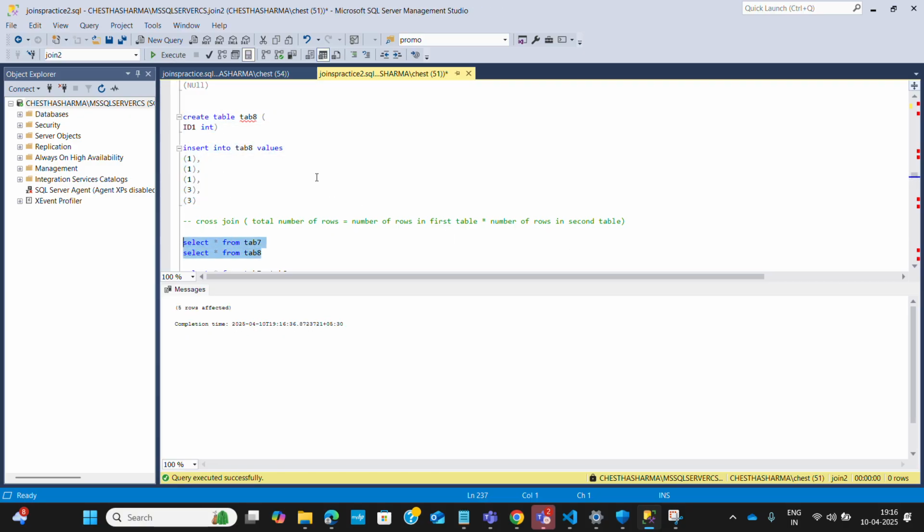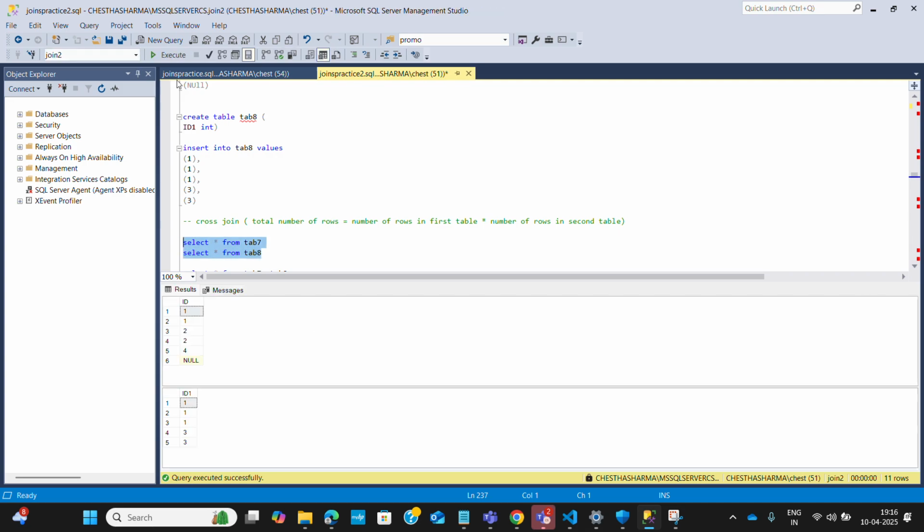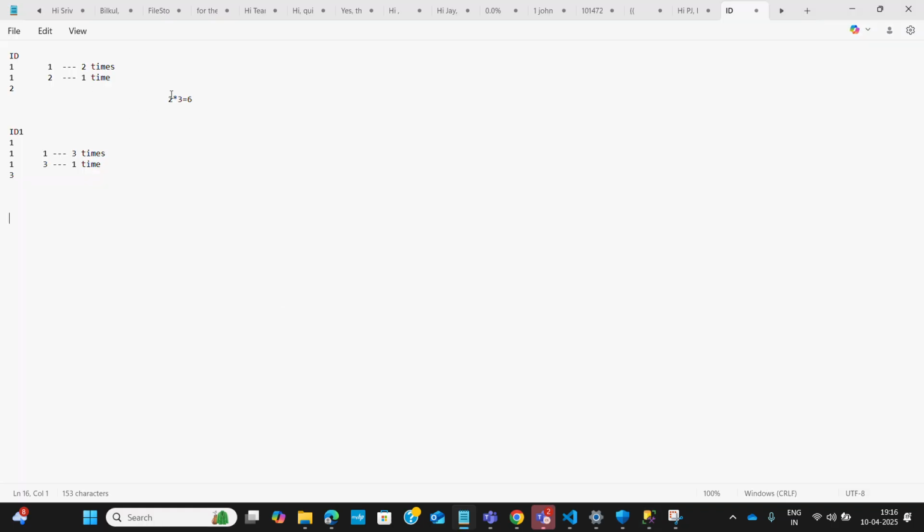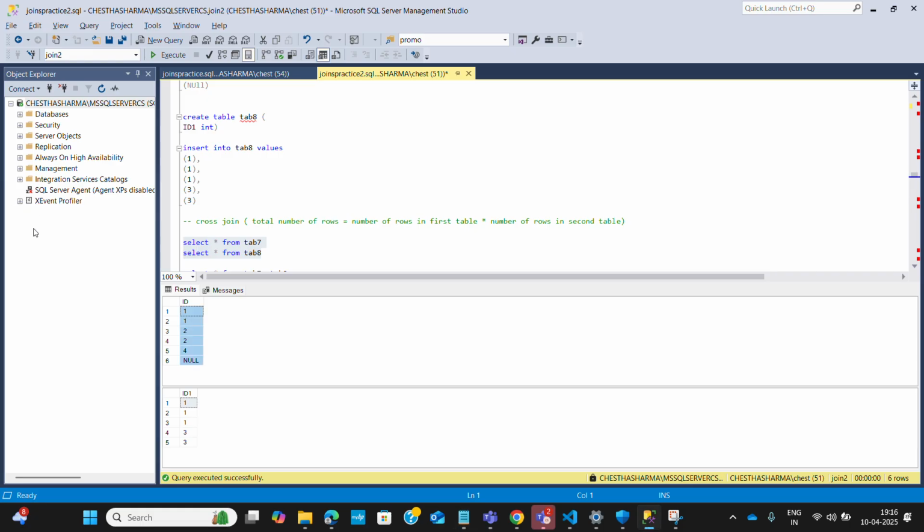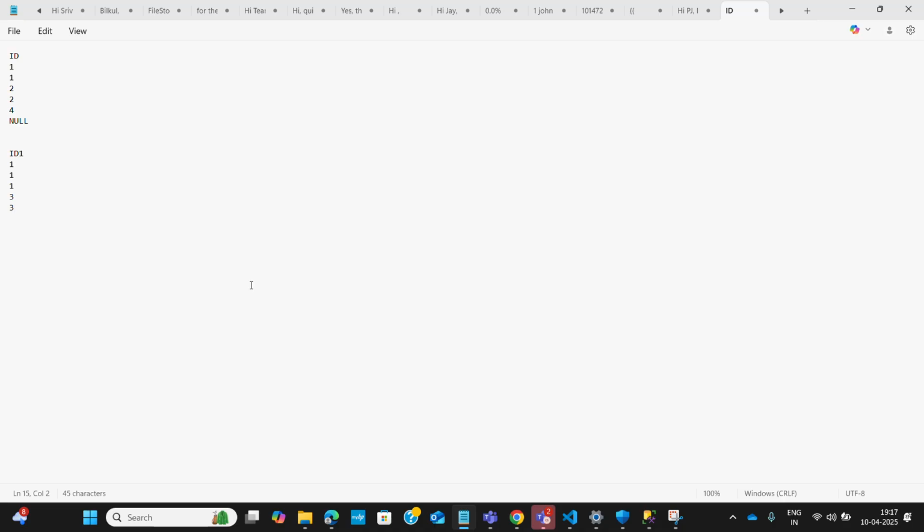Tab 7 and tab 8. So these are my two tables. I'll just select it, copy with headers. This was the output. And from here, I'm also copying with headers. This was tab 7 and this is tab 8.